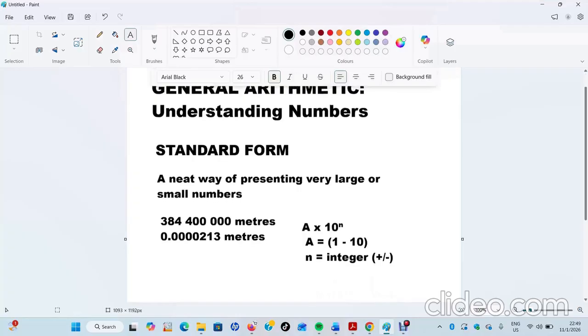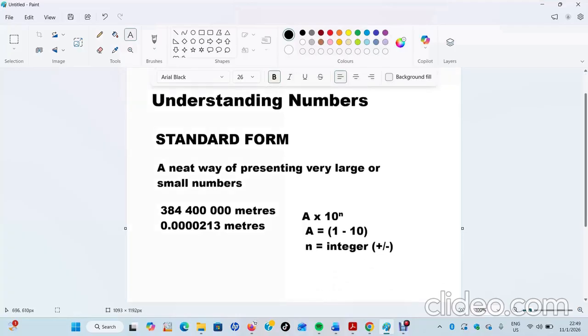Now we need to express those numbers in standard form. We can use those two as an example. The easier way, especially for 384,400,000, is to just count the number of digits after the 3.